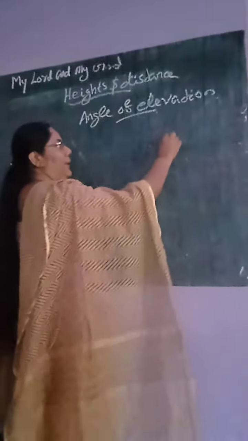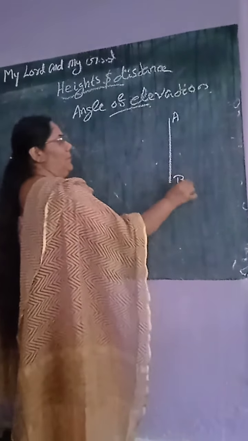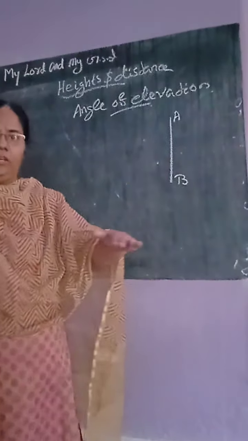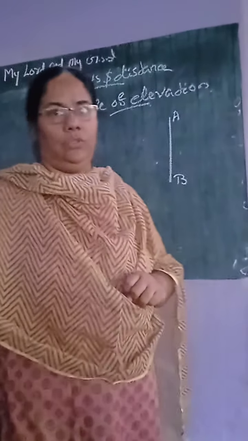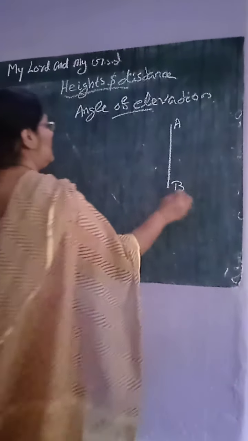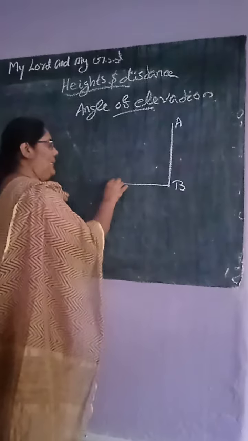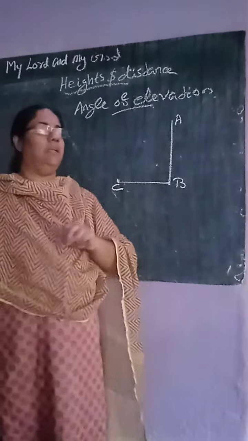Listen here. Let AB be a tower standing on a level ground. And suppose a man is standing on this level ground at the point C. Two terms are here.